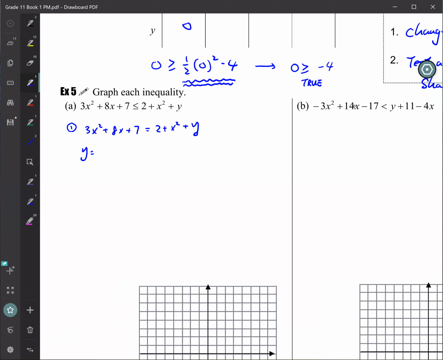Negative 2x squared. Because I moved the 3x squared to the right. Do you see the Y is on the right side, right? It'd be easier if you move everything else to the left, it will be faster. So then 2x squared plus 8x plus 5. Okay, and this is called the general form.